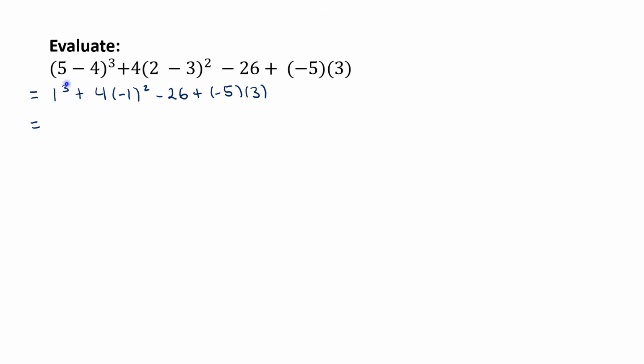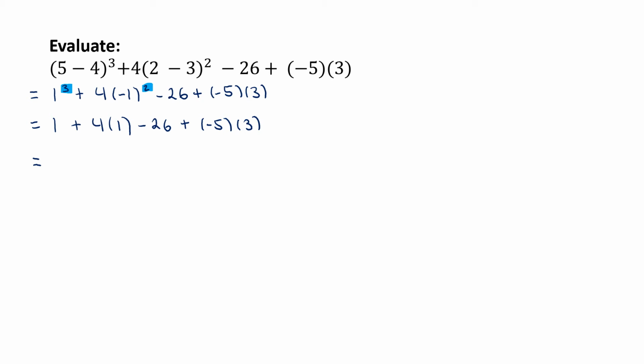The exponents we have are this power of 3 and this negative 1 squared, and these are the only two exponents we have. So we'll solve these first. 1 to the power of 3 is still equal to 1, plus 4 times negative 1 squared is equal to 1. So 4 times 1, which is just equal to 4, and minus 26 plus negative 5 times 3.